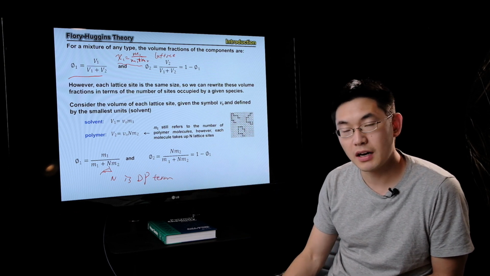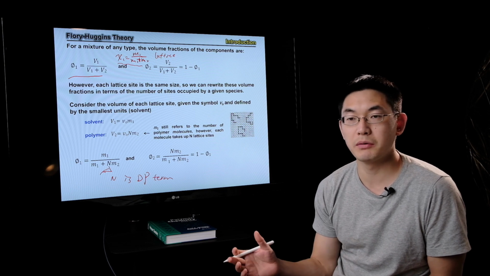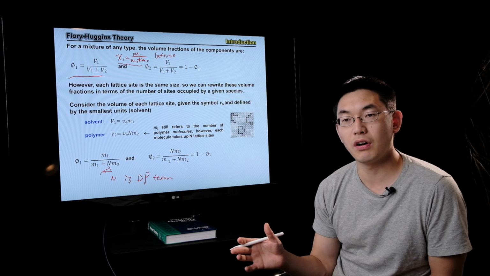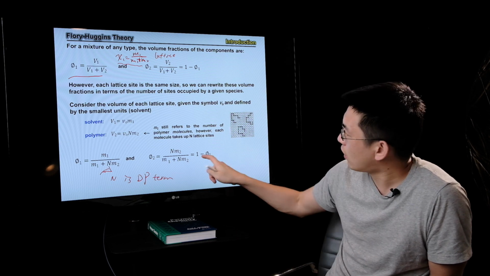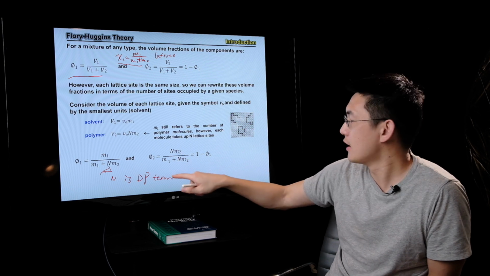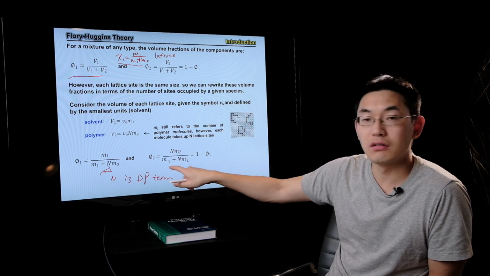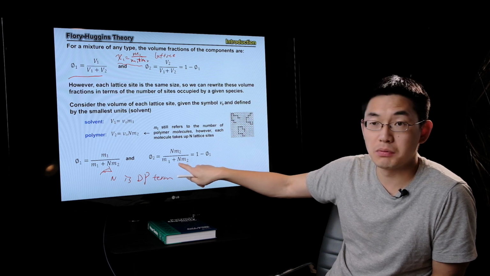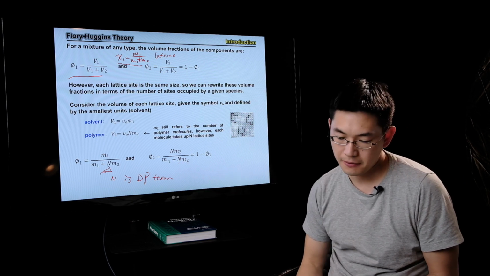Quite straightforward, right? Your volume fraction of the polymer will equal how much volume your polymer has divided by the total volume of your system. The volume of your polymer is N multiplied by M2, and the total volume of the system is the number of solvents plus polymers multiplied by their degree of polymerization.